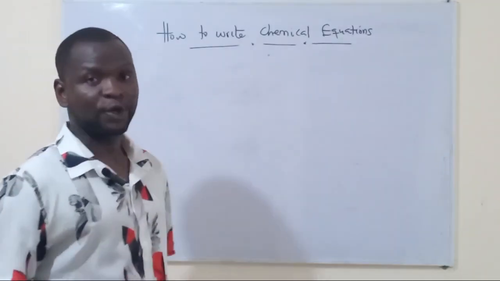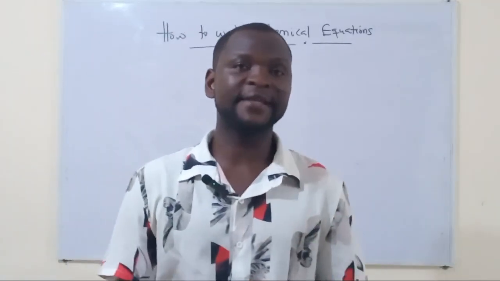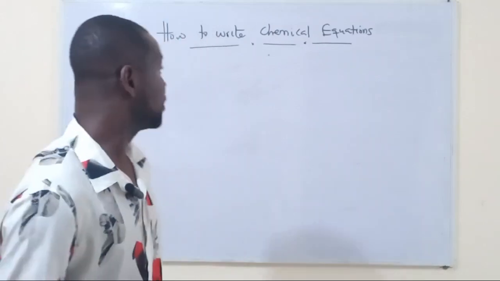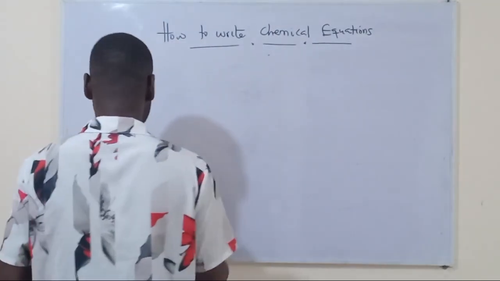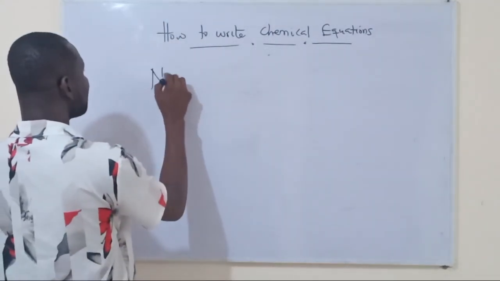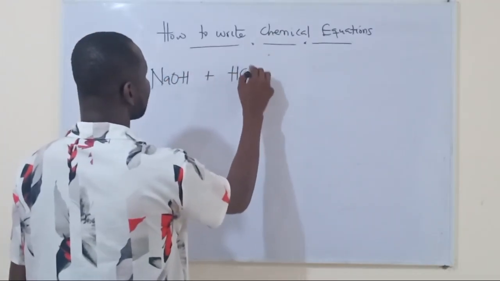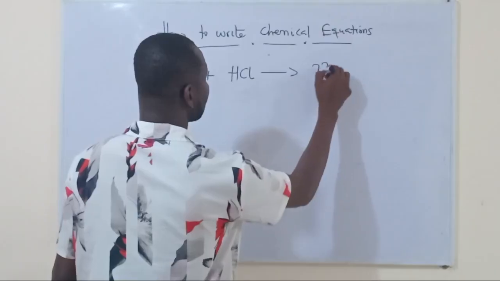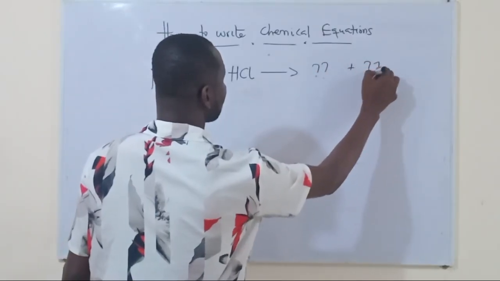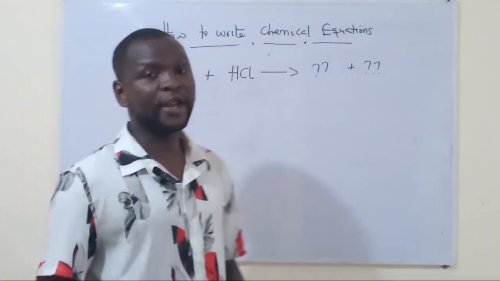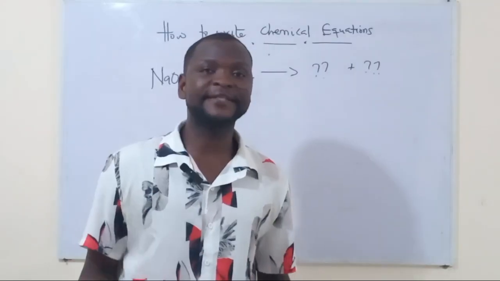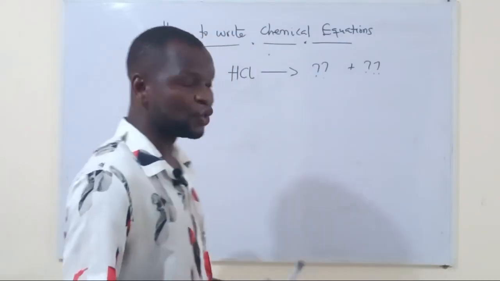Now let's take an equation and see how we can write out a chemical equation. We are going to apply the knowledge acquired from writing chemical formulas into doing this.